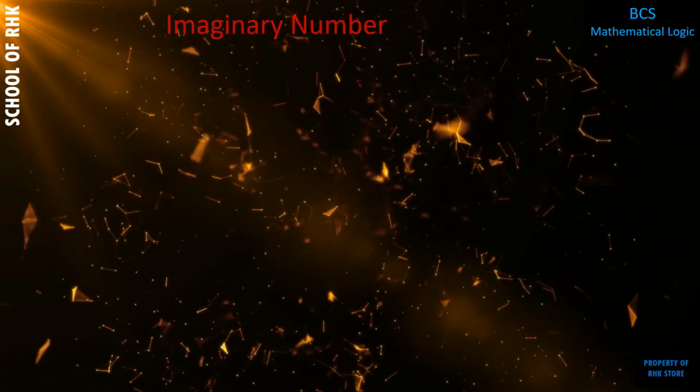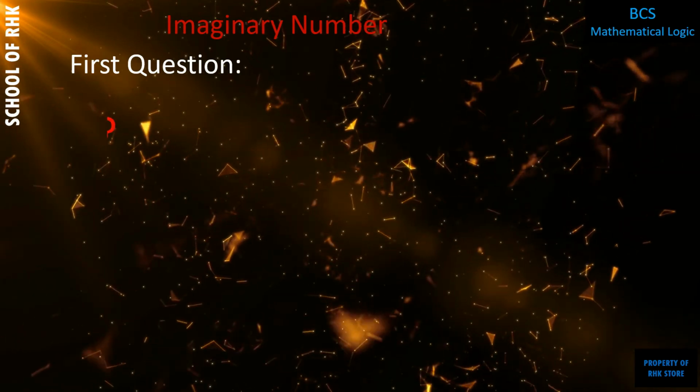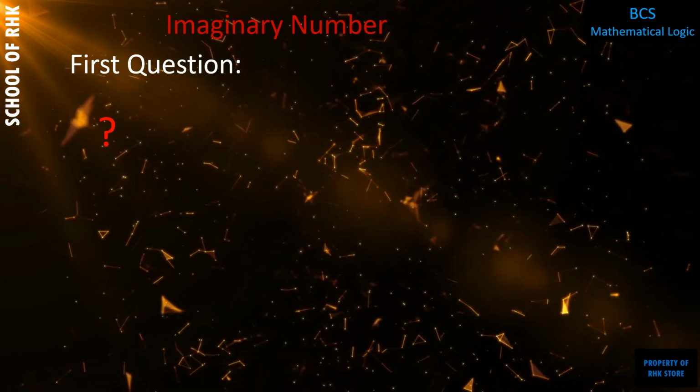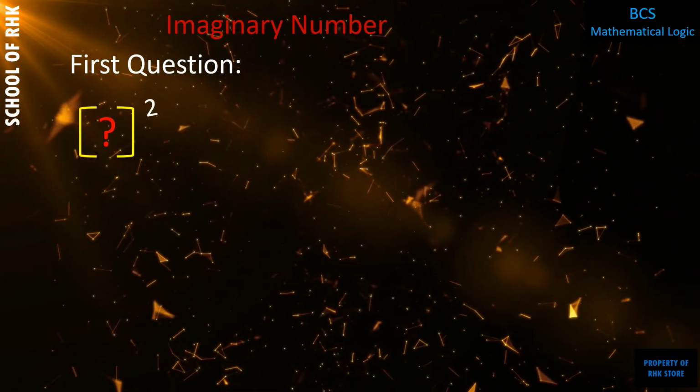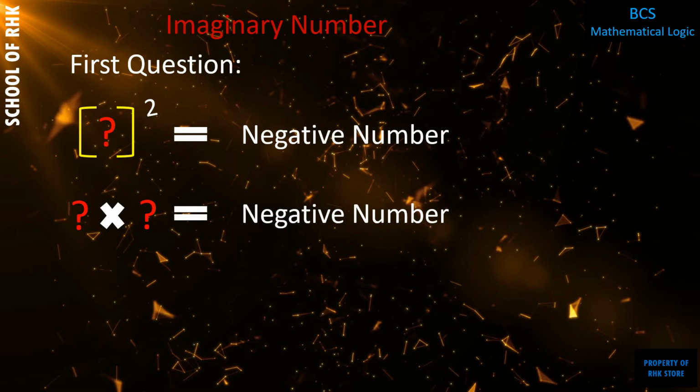Before we begin, our first question is, can you think of a number whose square results in a negative number? Let us rephrase the question in a simpler form. Is it possible to get a negative number as an outcome if a number is multiplied by itself?